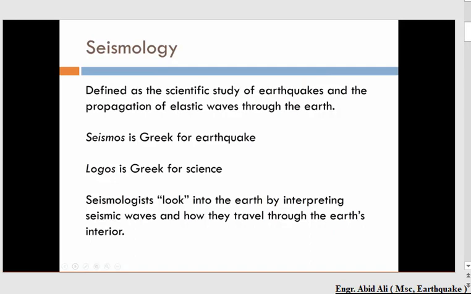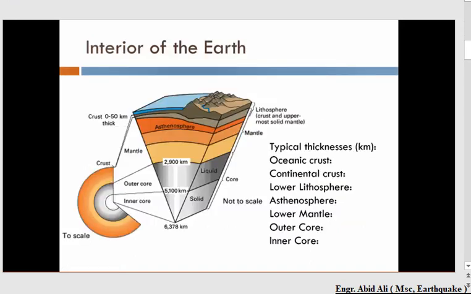Because of seismology we have learned how our earth is constructed. It used to be that people thought the earth was like an egg, where we live on a shell and then there was the yolk in the middle, but it's shown to be a lot more complex than that.